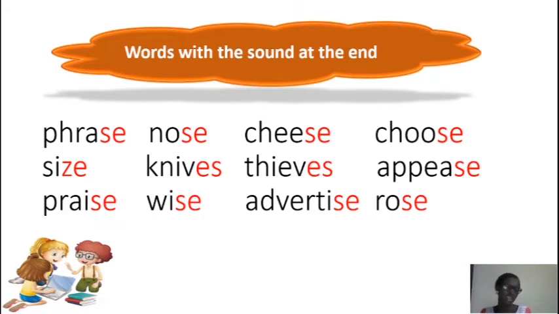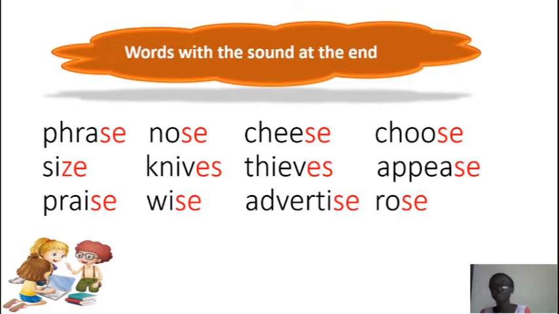Remember, we're interested in the last sound at the end of the word. Choose, the last sound there is Z. Size, knives, thieves, appease, praise, wise, advertise, and rose. Some of them actually have Z and E, but they all have the Z sound at the end of words.